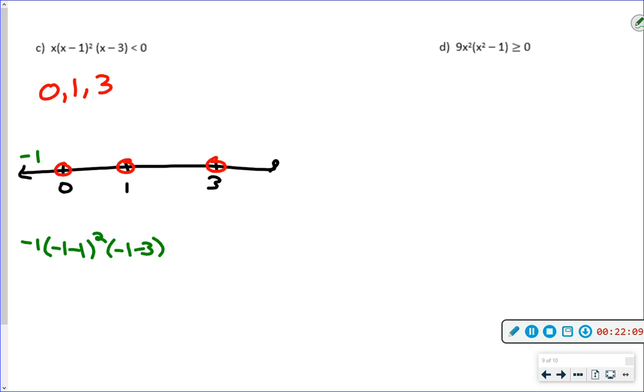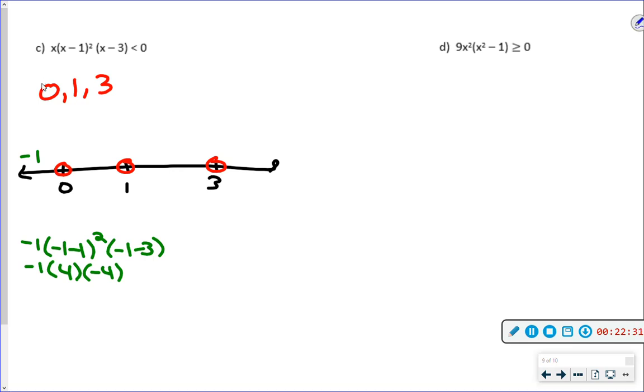Is this whole rigmarole going to be less than 0? You can punch that all in. I'm going to go old school here. -1 minus 1, -2 squared, 4, -1 minus 3, -4 times that. I'm going to have 16. 16 is not less than 0.